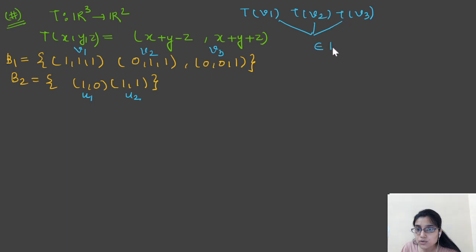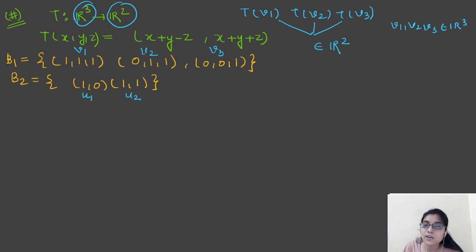They will belong to R2, because V1, V2, V3 belong to R3, so their images belong to R2 according to the mapping that is given to us. What you want to write down is the images of V1, V2, V3 as linear combinations of the B2 members. So again, don't solve the system once, twice, thrice.